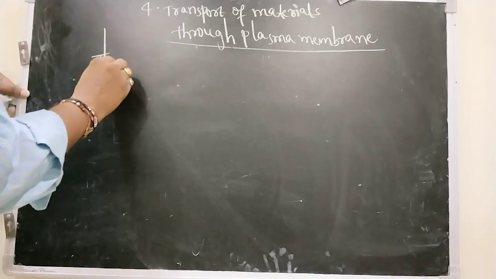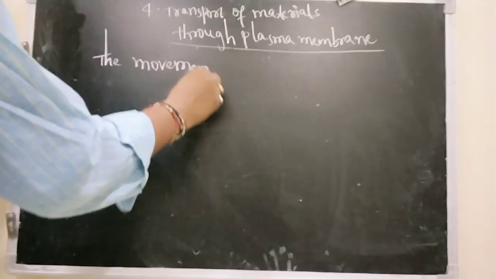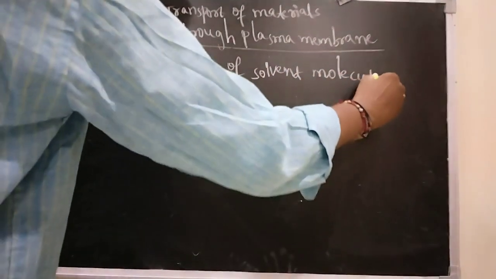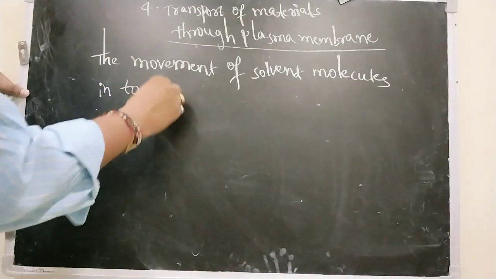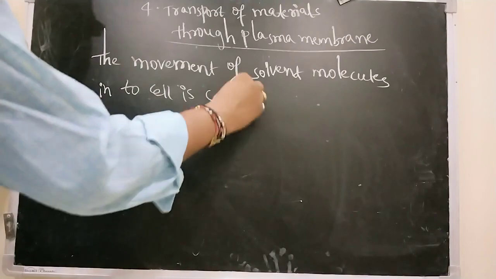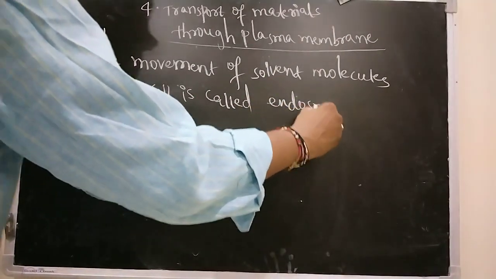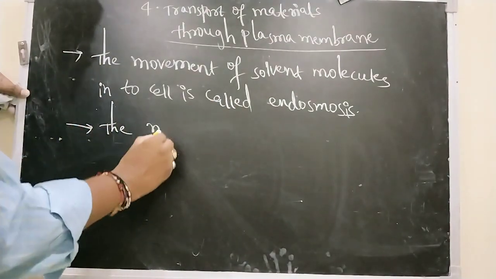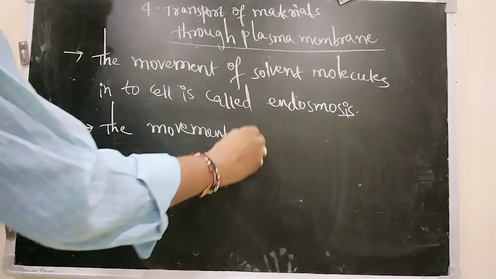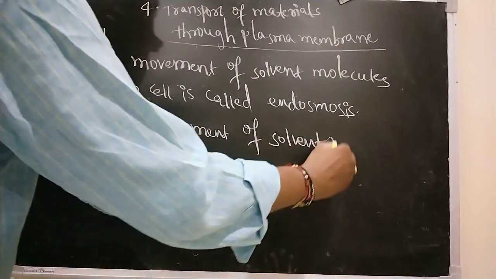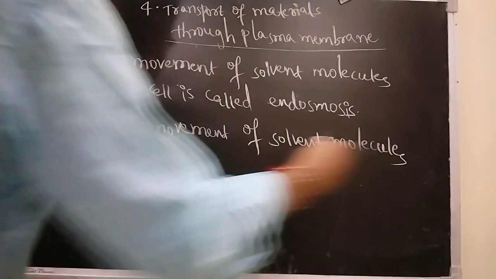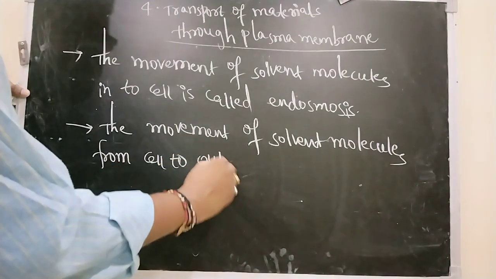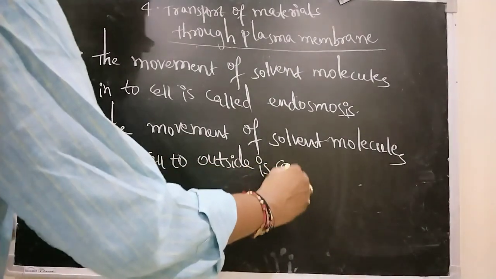The movement of solvent molecules into the cell is called endosmosis, whereas the movement of solvent molecules from the cell to outside, means exits from the cell to outside, is called exosmosis.